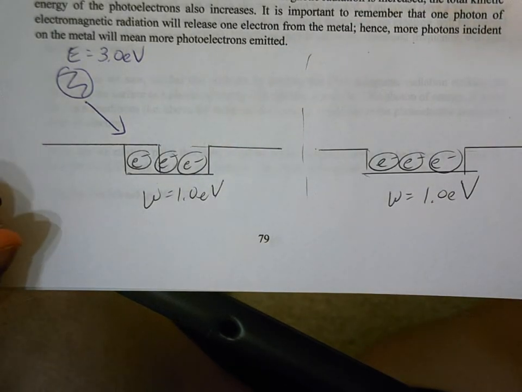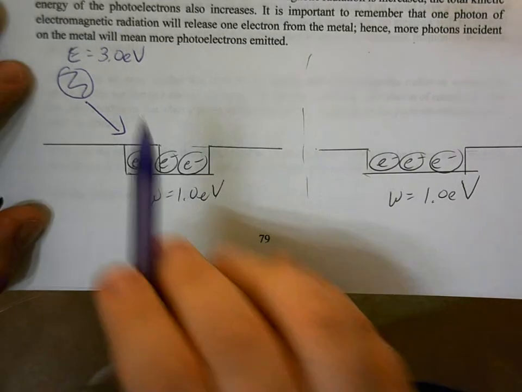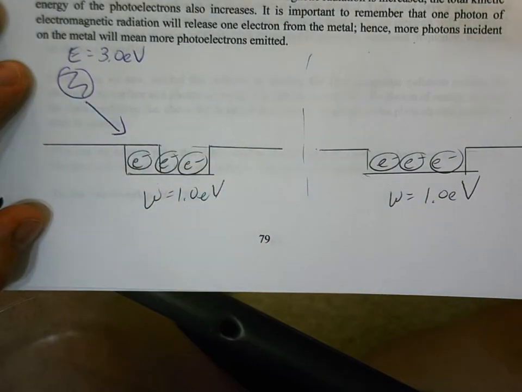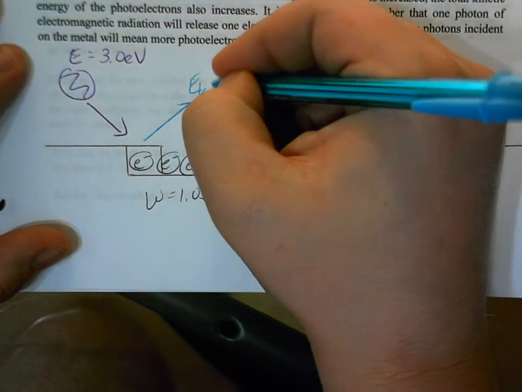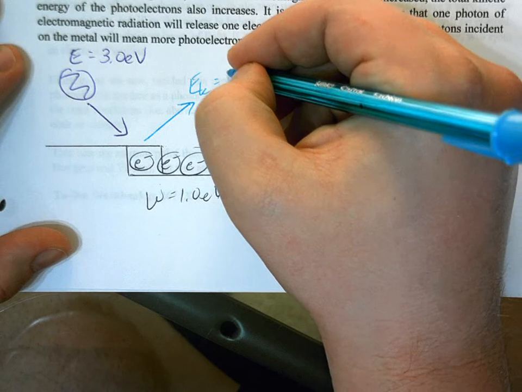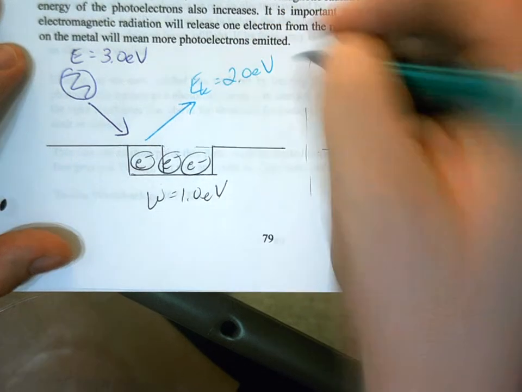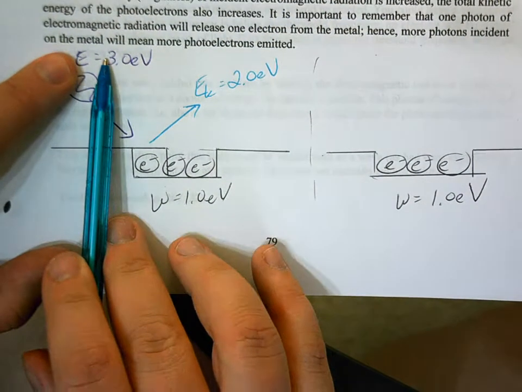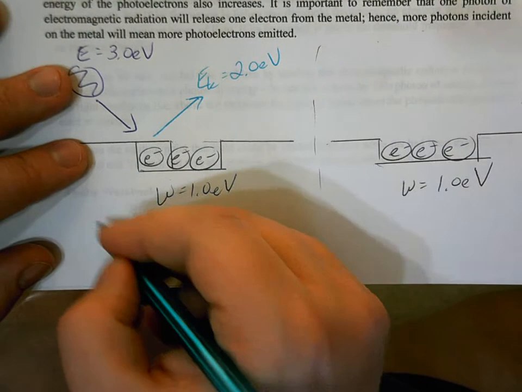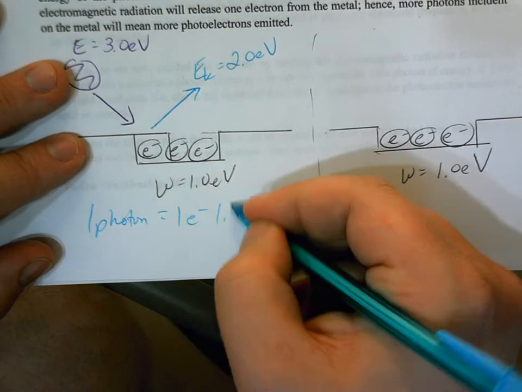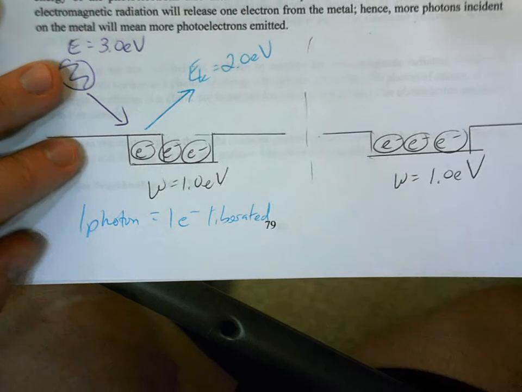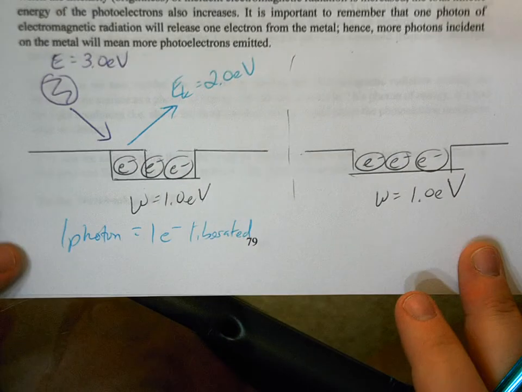The rule we're going to have is 1 photon liberates 1 electron. So if I have 1 photon coming in, it will only liberate 1 electron, and that electron is going to have kinetic energy of 2 electron volts. So it's going to be the difference between this incoming energy and the work function. So 1 photon equals 1 electron liberated. It's kind of a one-for-one exchange.